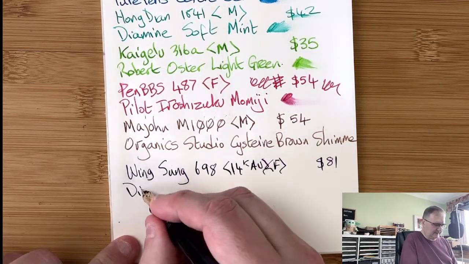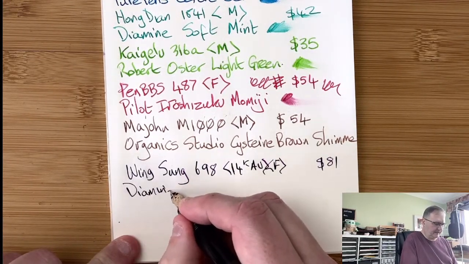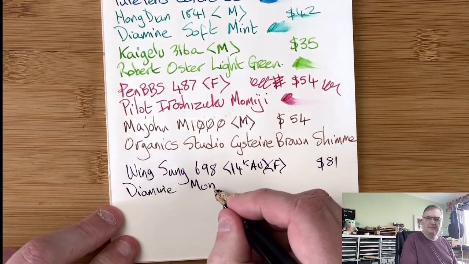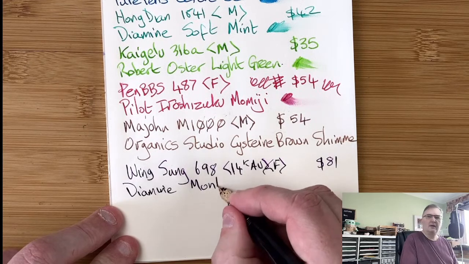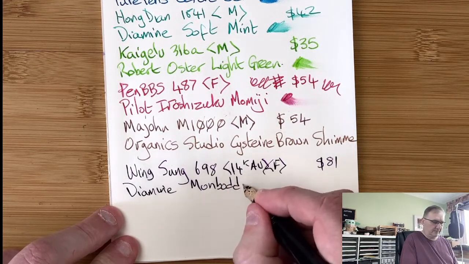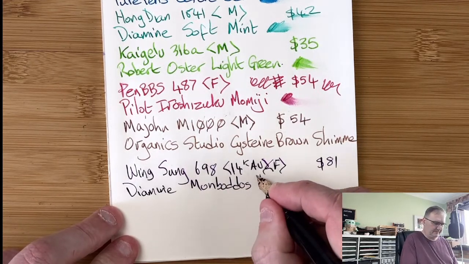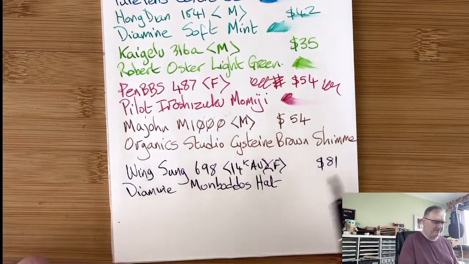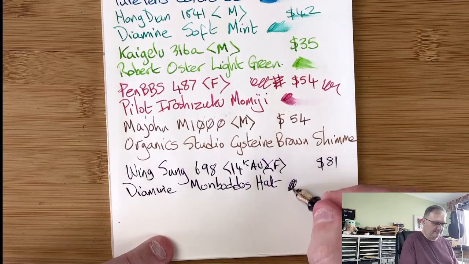The ink is by Diamine, Mon Bordeaux's hat. I always spell this wrong, hopefully I've got that right. I always get my B's and my D's mixed up. Very nice dark purple ink.